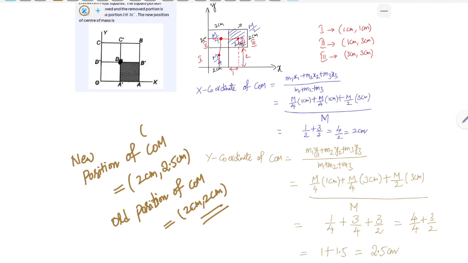So somewhere here you will get your new position of center of mass because the center of mass always lies nearer to heavier mass. That's why y coordinate changed. I hope you understood this simple problem on how to find the new position of center of mass if some portion of the given material is removed and added on the one side of the same material.